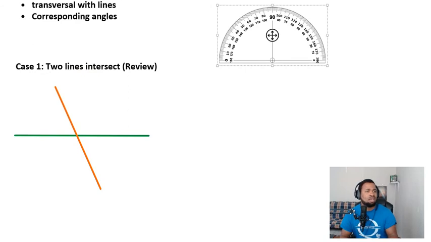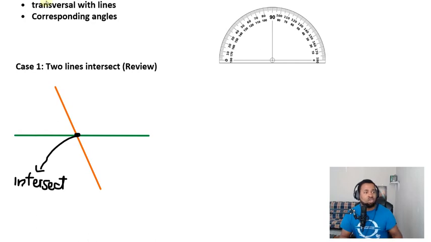The intersect is the region where 2 or more lines meet, and in this case the green line and the orange line meet at that particular point.